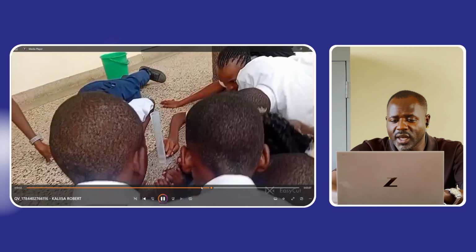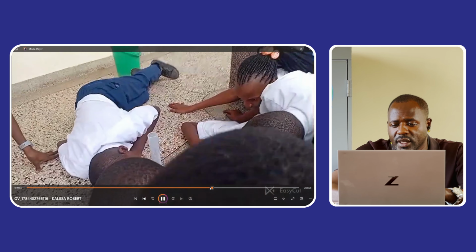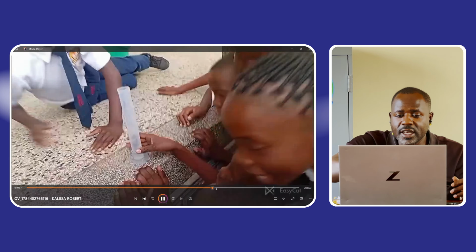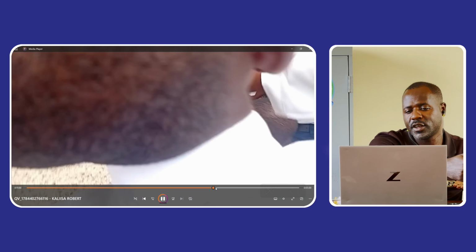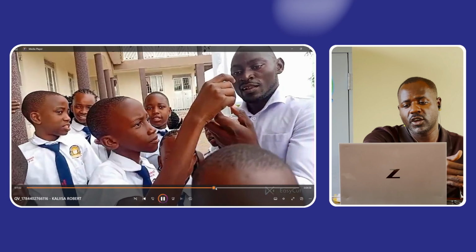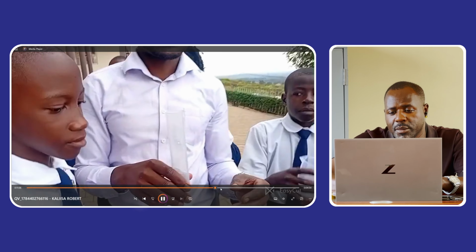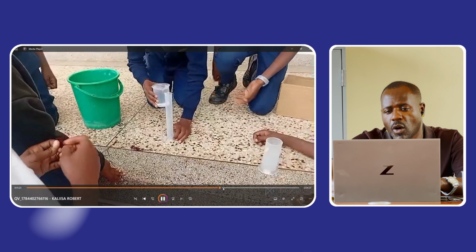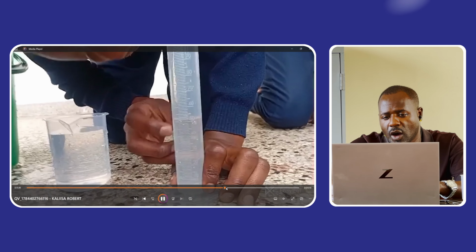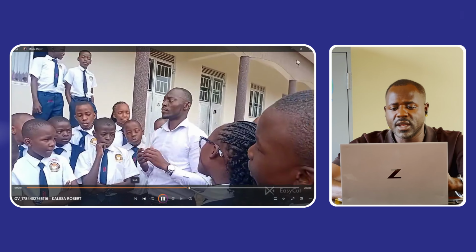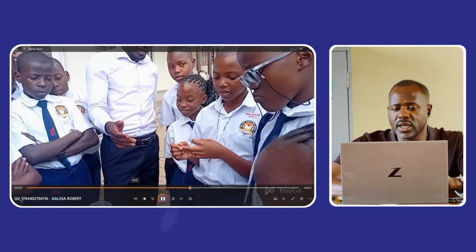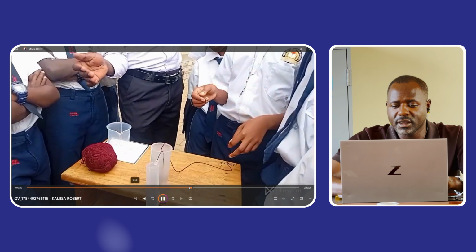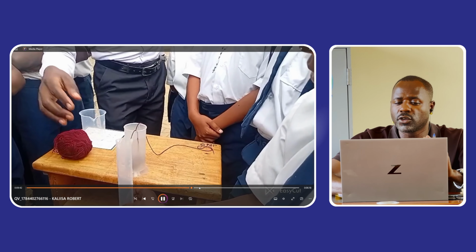Some of the learners were lying on the ground trying to read. When you lie down and try to read, you cannot get the clear or real measurement of the irregular object.